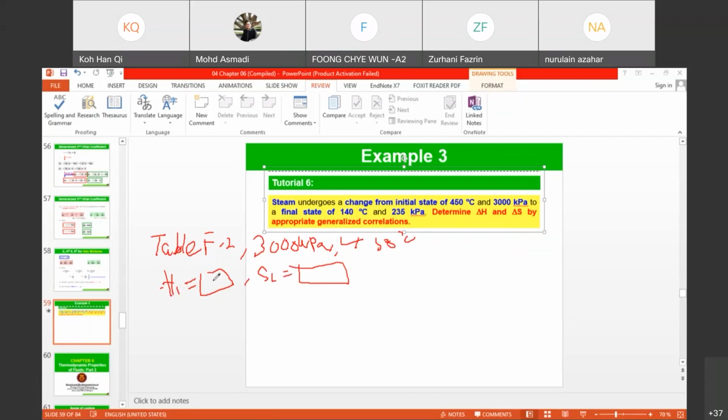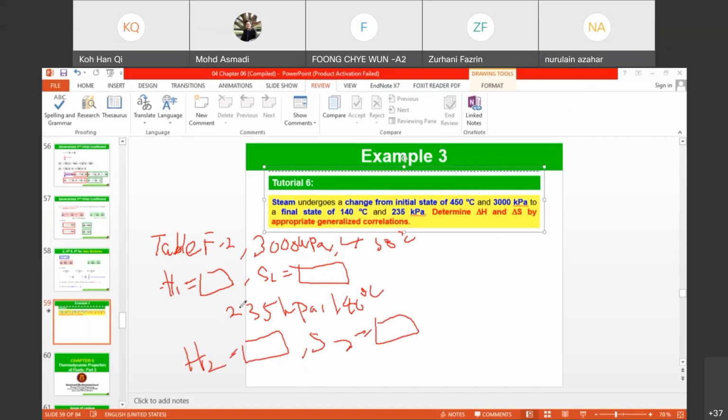Similarly in table F2 for the second condition, you have to do the interpolation at 235 kilopascal and temperature 140 degrees C. So you can get H2 and also S2.